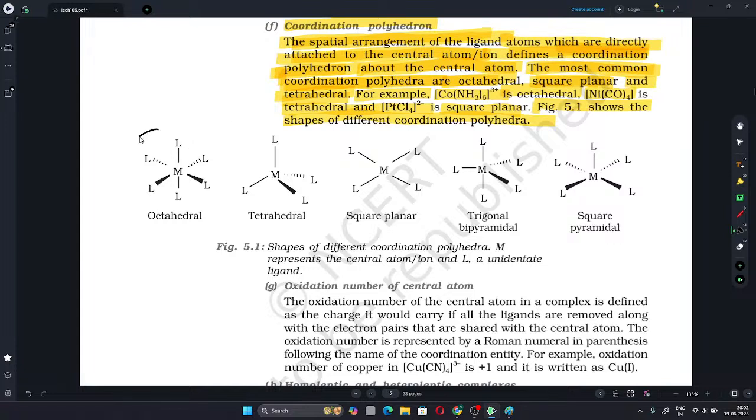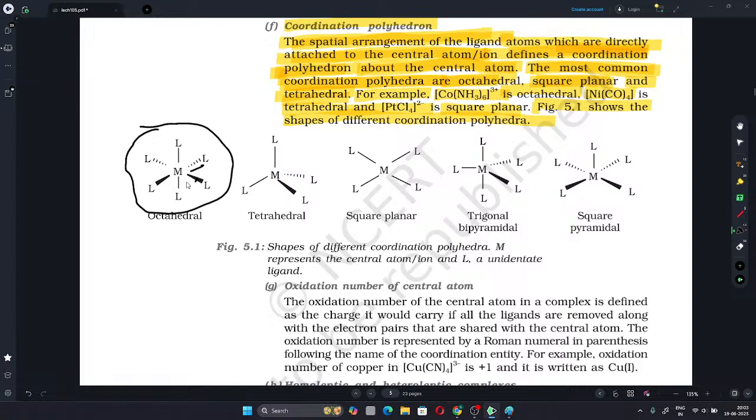Here L signifies ligand, whereas M signifies metal atom, and the thick bonds signify that they are coming out of the screen, whereas the thin lined bonds represent that they are going inside the screen.